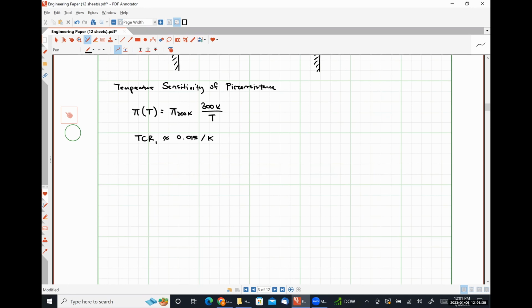What that means is the resistance will increase about 1.5% if the temperature of the resistor increases 1 degree Kelvin, or the resistance will decrease by 1.5% if the temperature decreases by 1 degree Kelvin.